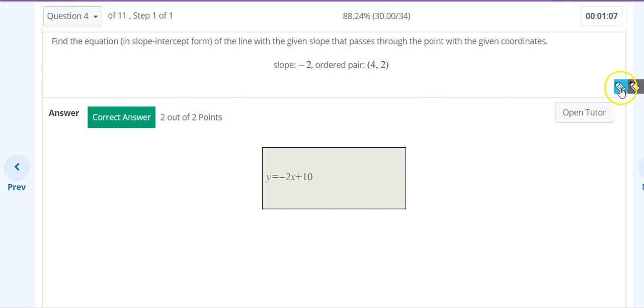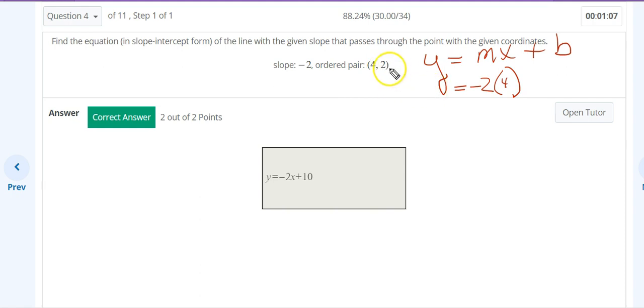So let me do that for you. So slope-intercept is y equals mx plus b. And we have our slope, we're saying, is negative 2. Our x value is 4. Our y value is 2. And we just solve for b.